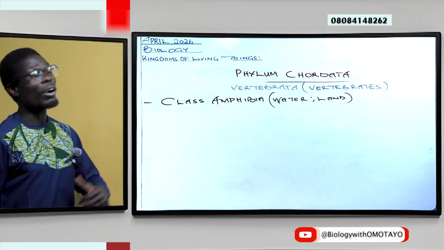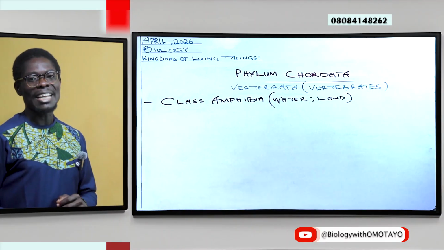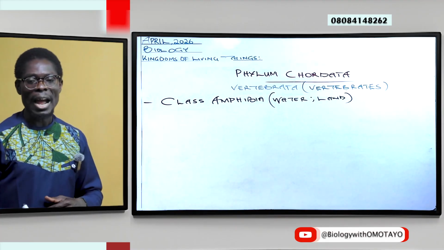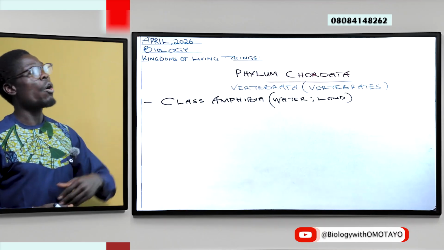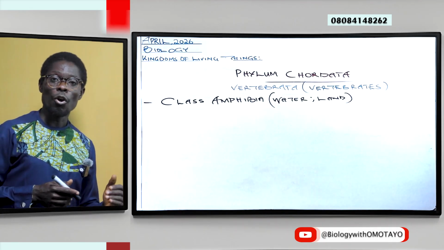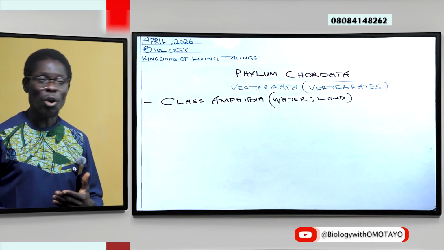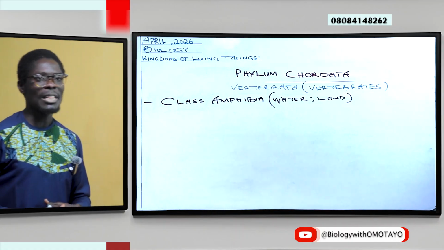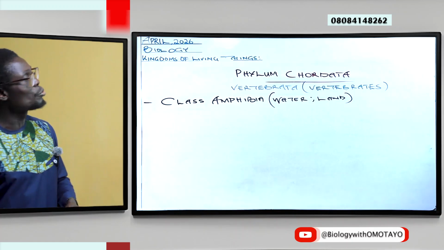Now for class Amphibia, this is the first class of Vertebrata that is adapted to life both in water and partly on land. Yes, and we have a couple of organisms under this very class. Organisms like toad, frog, salamander, newts.